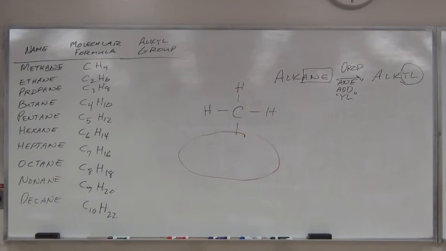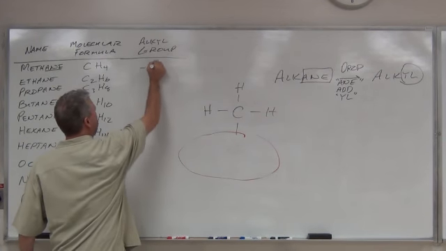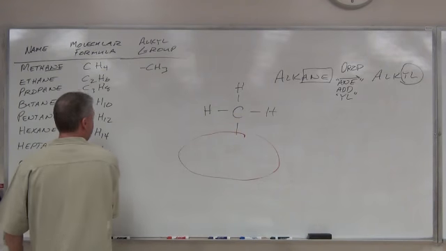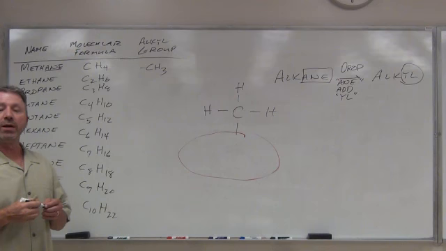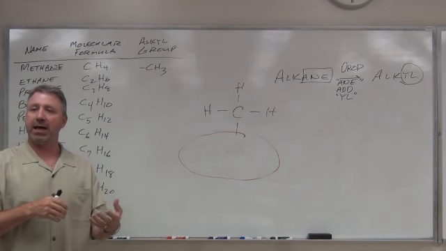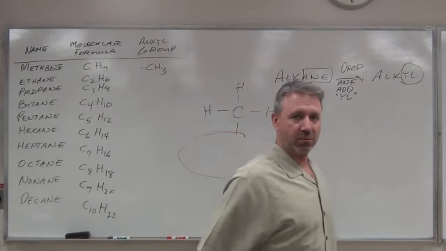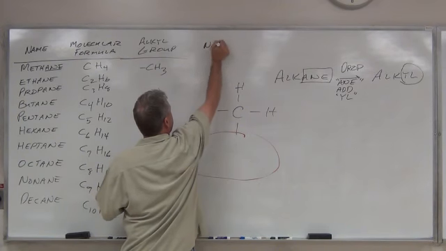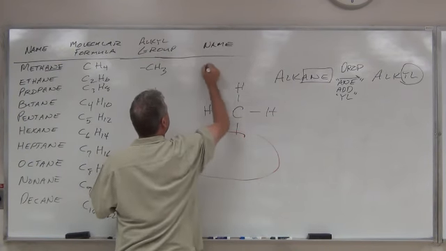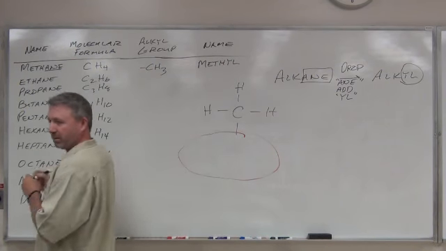We do the same for the alkyl groups. For methane, the alkyl group is CH3 with one bonding position open. We are basically making small alkanes substituted groups on larger ones. The name is methyl.